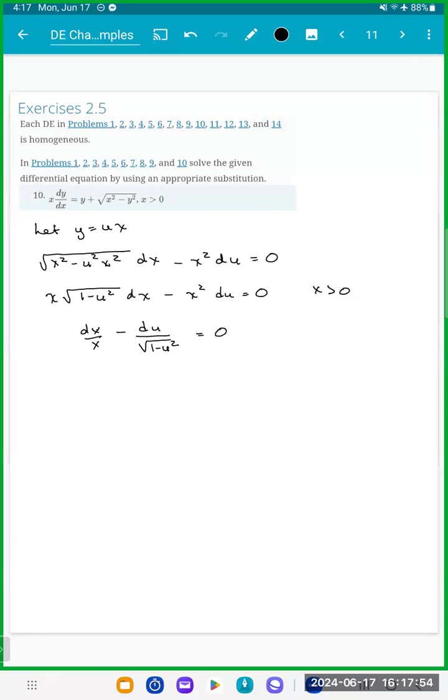We're still just simplifying and combining. The antiderivative of 1 over x is ln of x, and then minus sine inverse of u is equal to c. Okay? So getting sine inverse of u by itself, that is equal to the ln of x plus c.